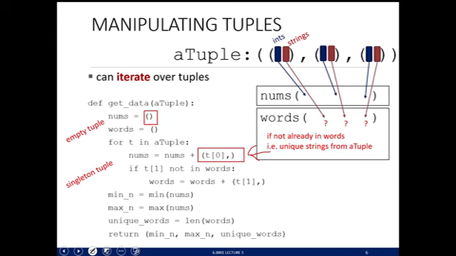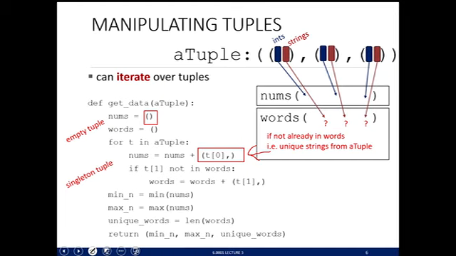At the same time, I'm also populating this words tuple. And the words tuple is a little bit different because I'm not adding every single one of these string objects, so t at position 1 being the string part of the inner tuple. I'm actually adding the string part only if it's not already in my words list. Okay?